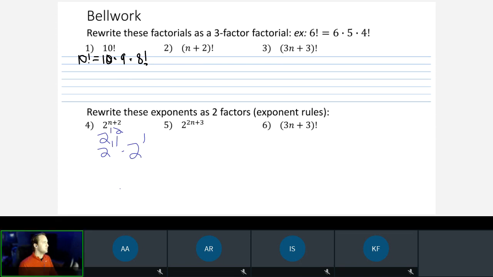So looking at 2 to the n plus 2, we want to rewrite this as two factors. So I'm going to subtract 1 out of the exponent. So it's really simple. What's n plus 2 minus 1?